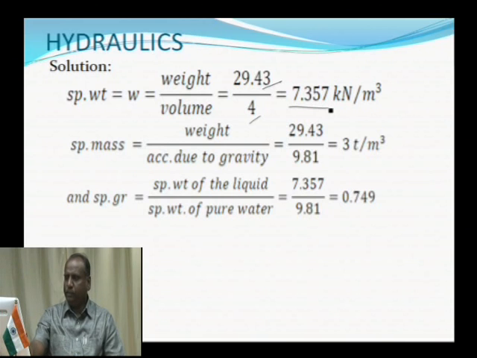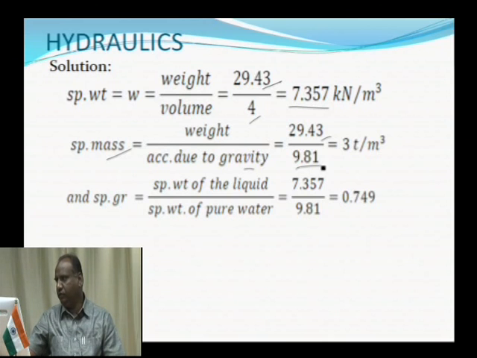Next, specific mass. We know specific mass is equal to weight over acceleration due to gravity. Substitute the values: weight is equal to 29.43 and acceleration due to gravity is 9.81, which gives you 3 ton per meter cube.